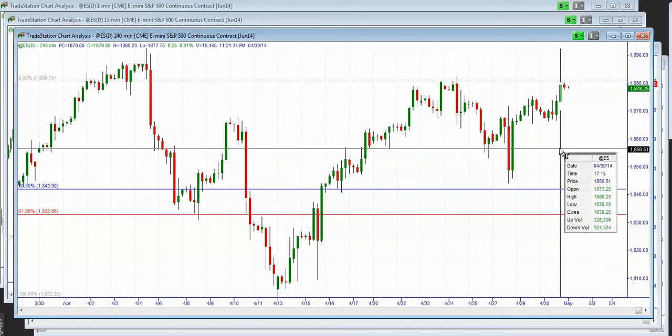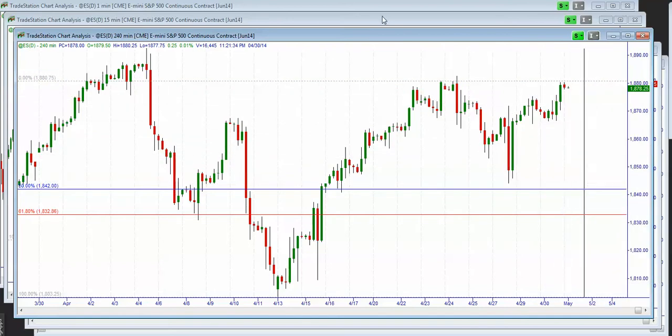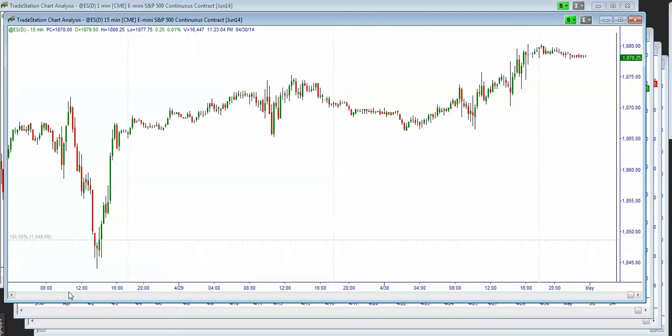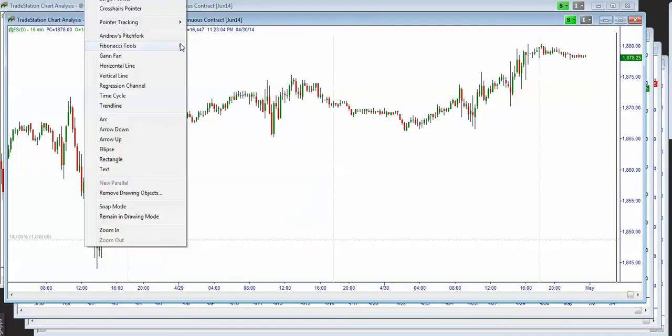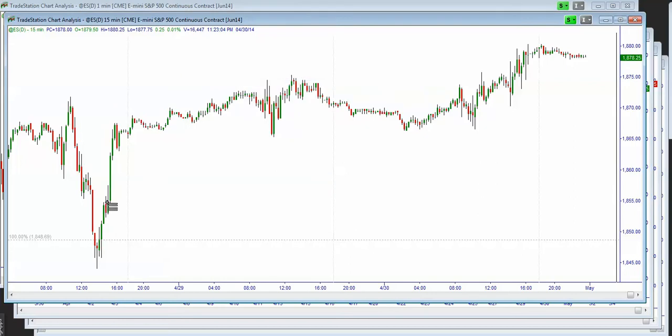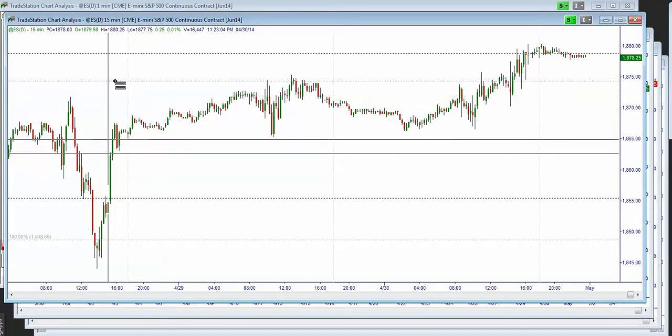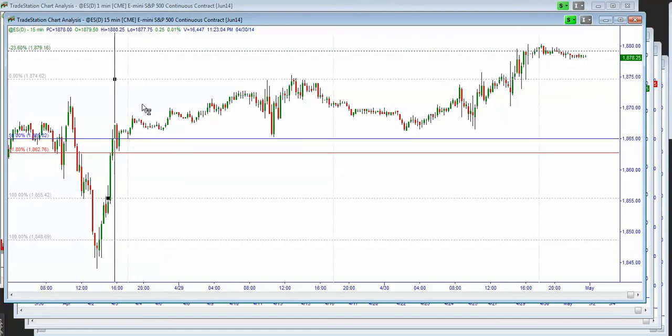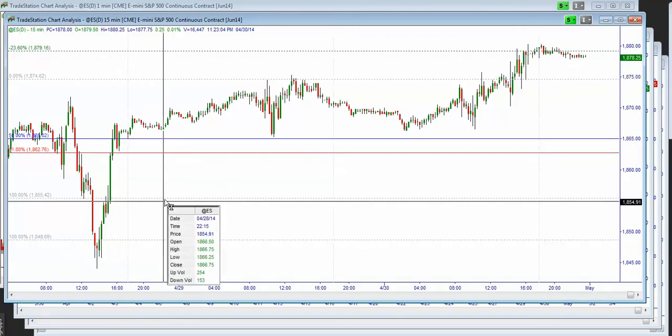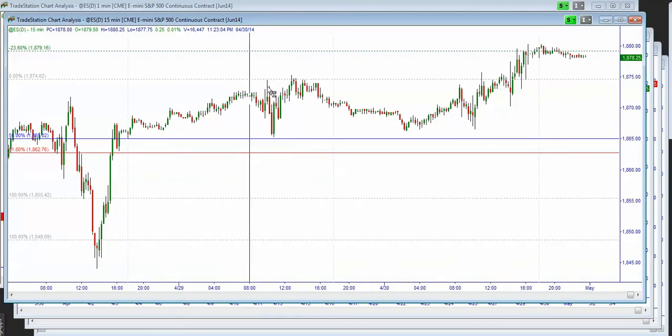Unfortunately, the 4-hour chart does not help us to see what is the structure, so we have to move to the 15 minute chart here, and of course this market is moving in extensions. This is the anchor I'm going to use on the 15 minutes, and as you can see there was participation and price was brought into the first target.